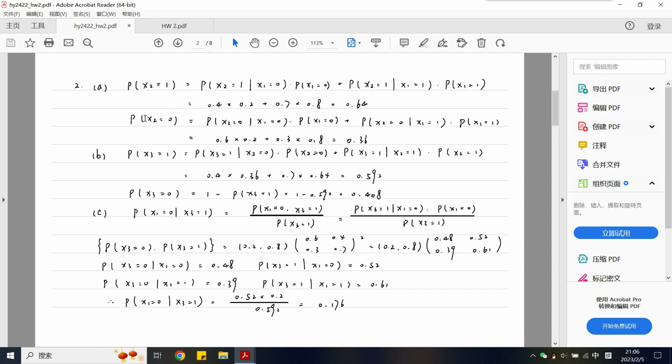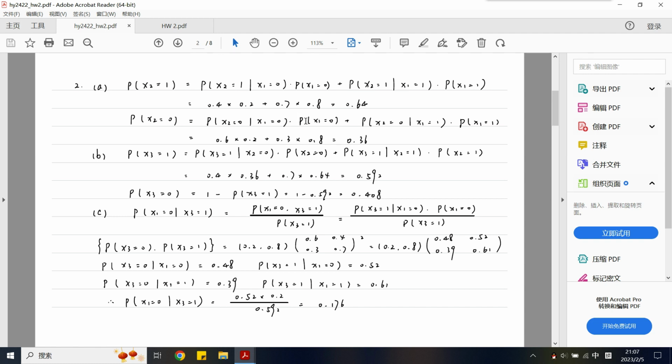In this problem, we also need to find the probability that x2 is 0, since we might use this for the further question. Similarly, we do the same probability calculation as for the probability that x2 is 1.